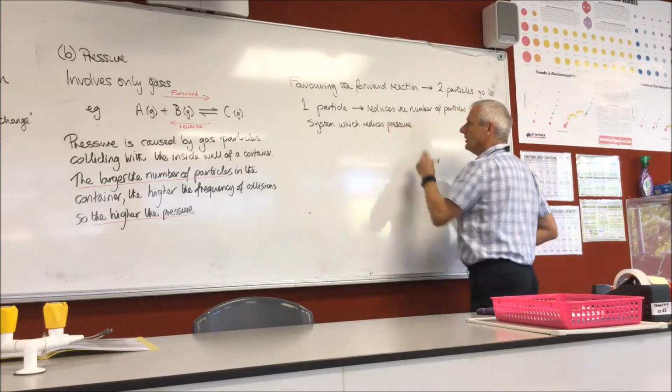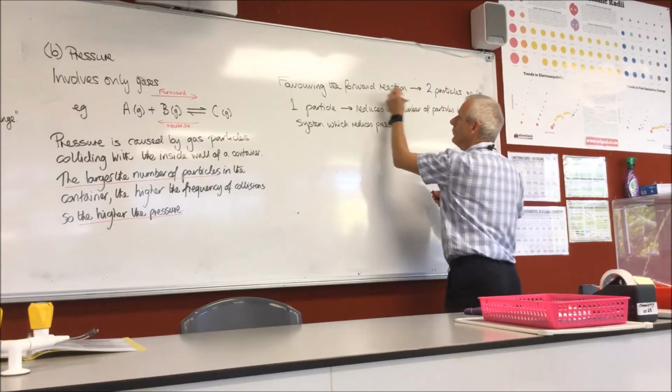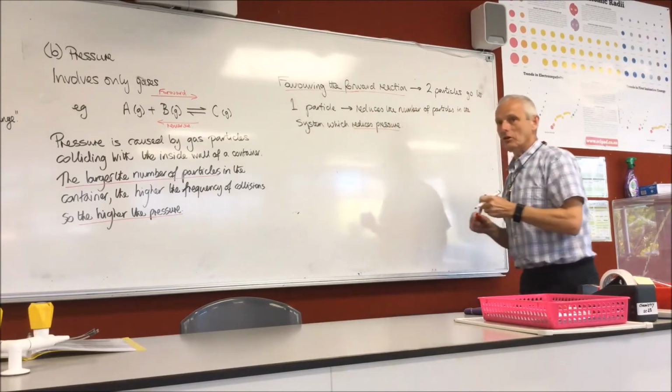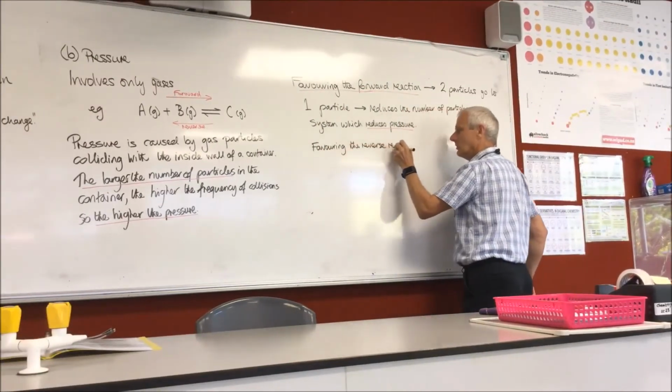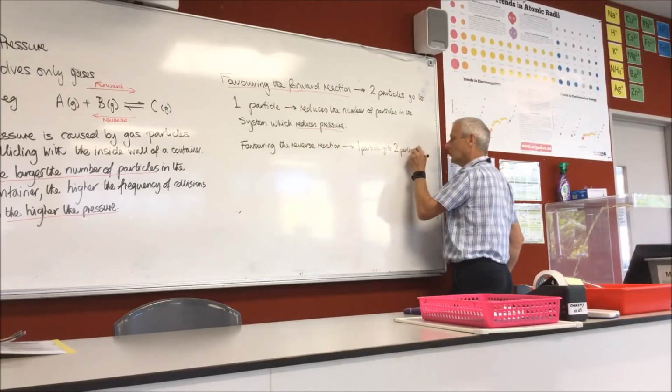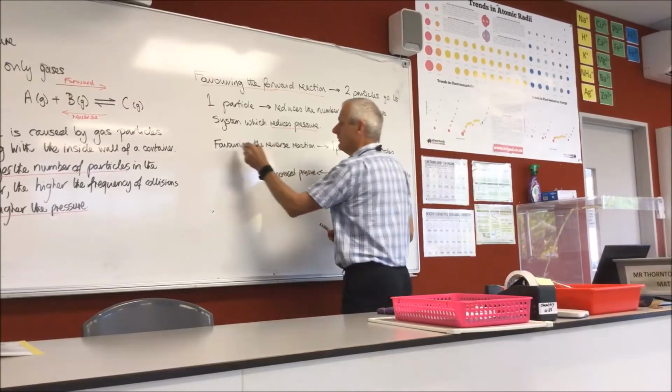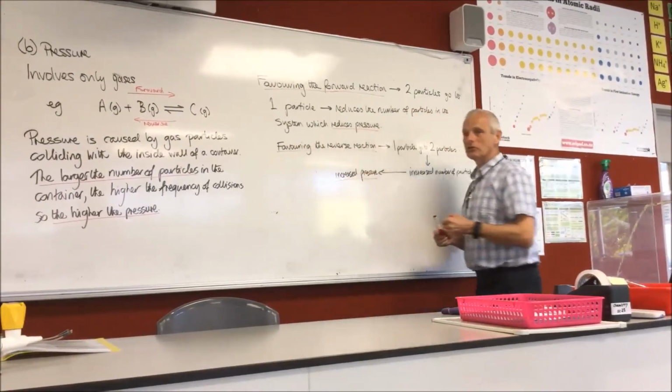So that's the important thing. The forward reaction, favouring that, means that we will reduce the pressure. The important thing is favouring the reverse reaction increases the pressure.